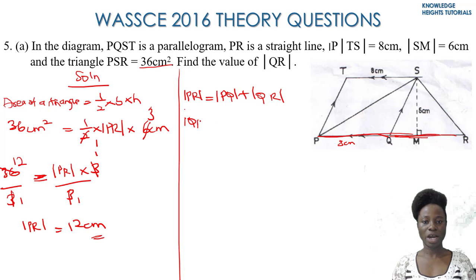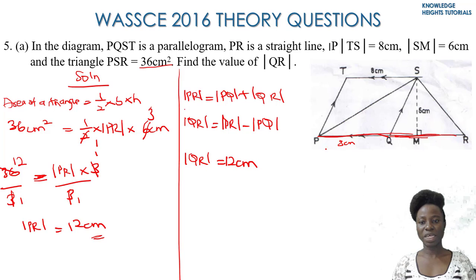So line QR is equal to PR minus PQ. What's line PR? It is 12 centimeters. And then line PQ, as we've indicated earlier here, is 8 centimeters. So line QR will be equal to 4 centimeters.